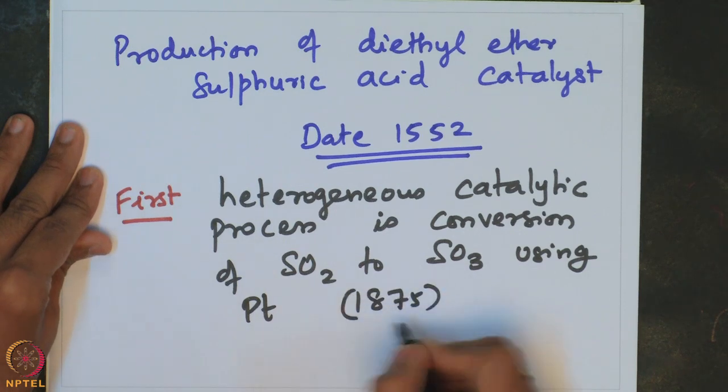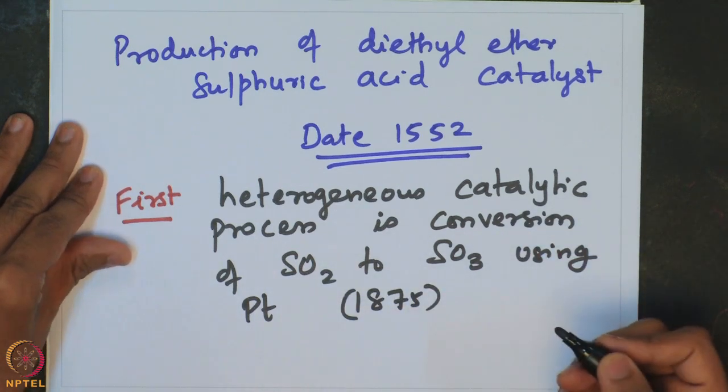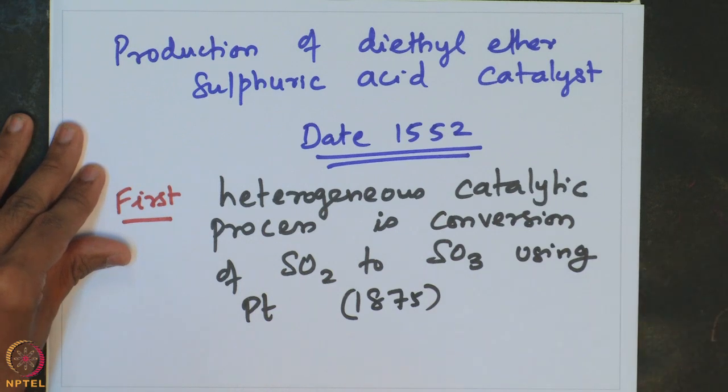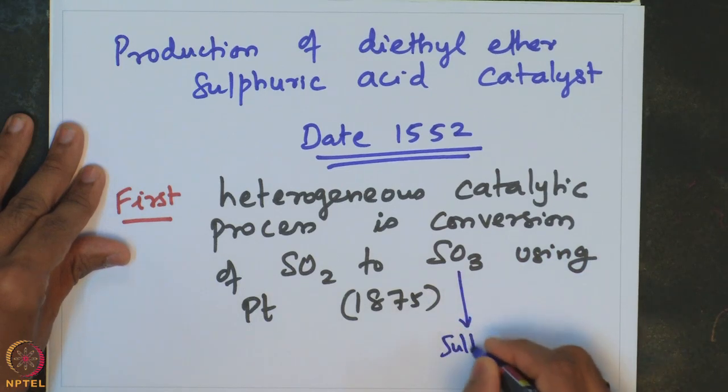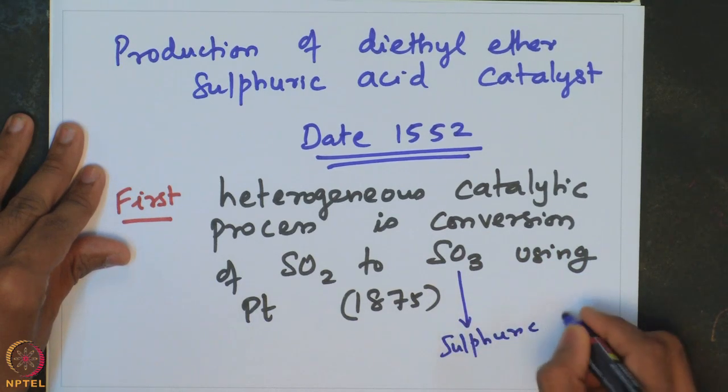That was the first time this process was found, and this process is indeed very useful because SO3 is what is used in the manufacture of sulfuric acid.